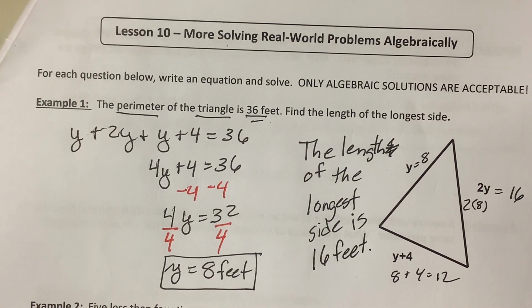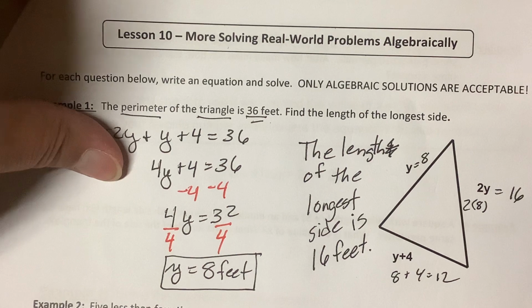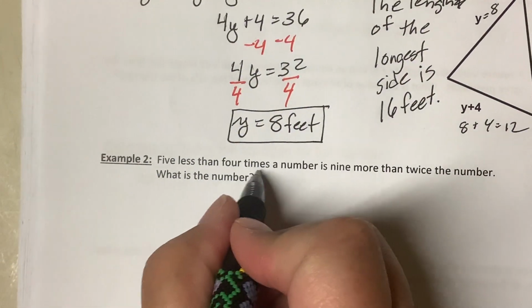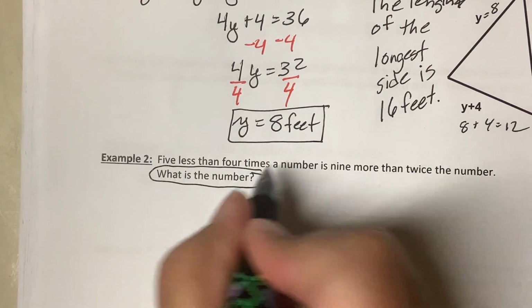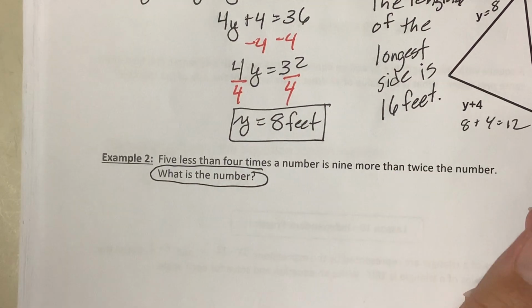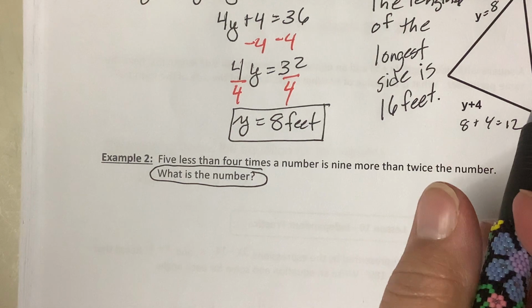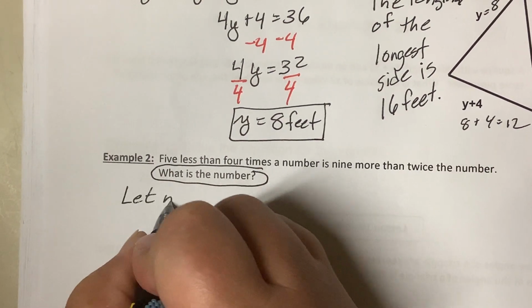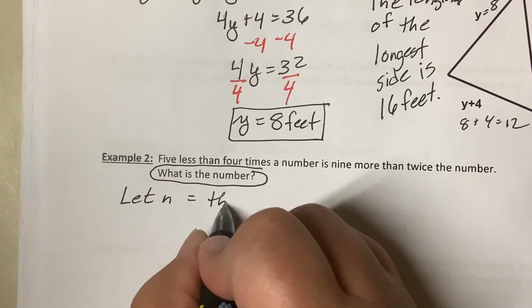So, example 2. 5 less than 4 times the number is 9 more than twice the number. What is the number? Now, in the first one, I didn't write a let statement because there was no logical let statement to go with that particular problem. But for this one, there is. Let n equal the number.